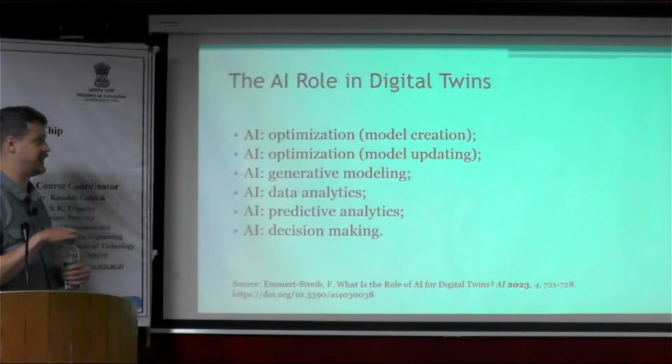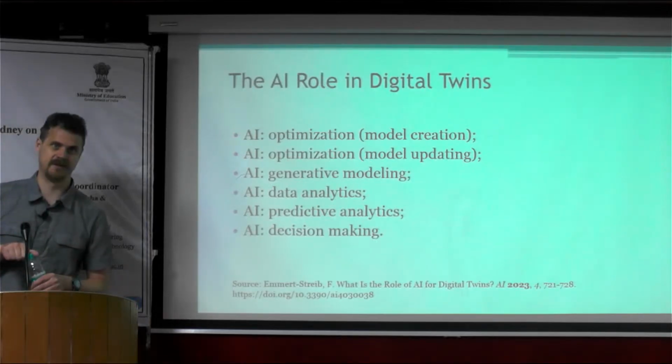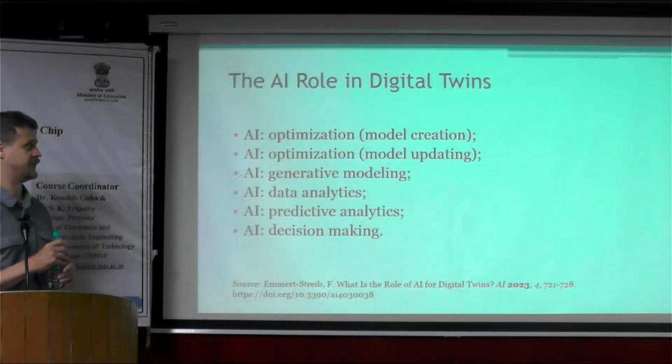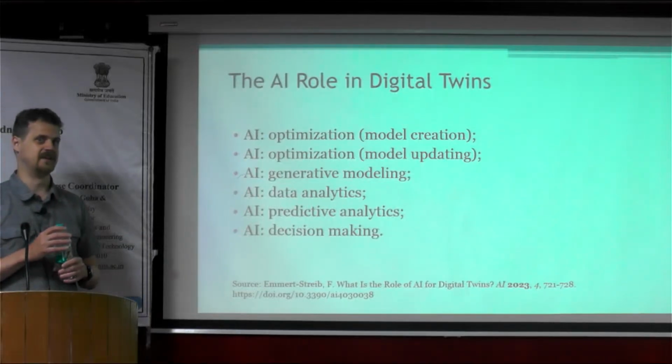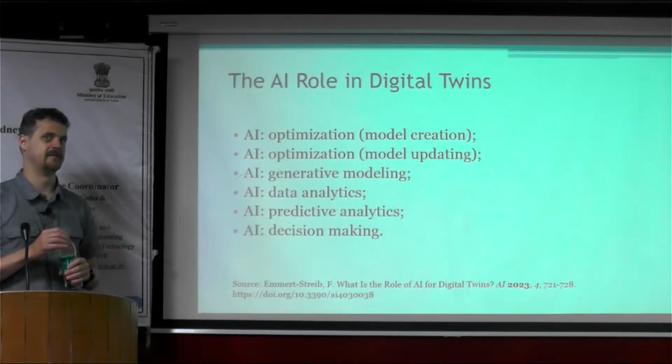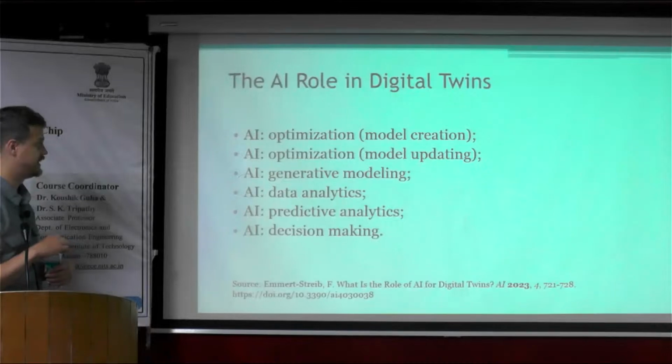That means that if we have some model of the system that we imitate within the digital twin, we need to constantly update it accordingly to the physical counterpart. Otherwise, the fidelity of the digital twin will be in question.